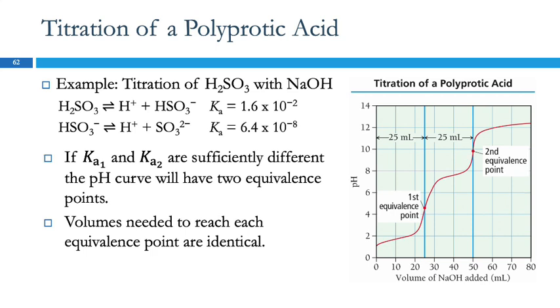The volume needed to reach the first equivalence point will be half of the total needed to reach the second. So at the first equivalence point, you've neutralized one of the protons on the acid, and you go another amount equal to that, and you neutralize the second one.